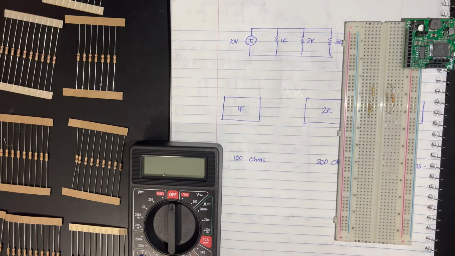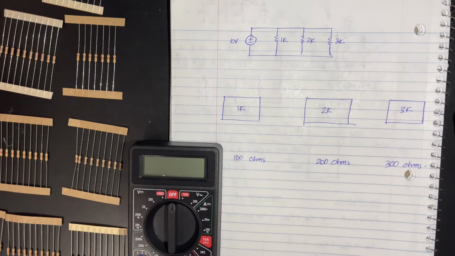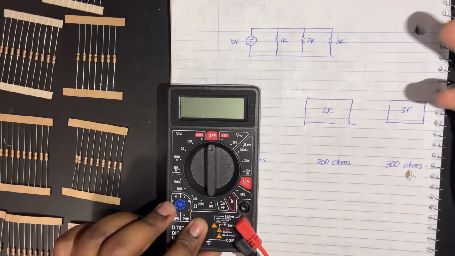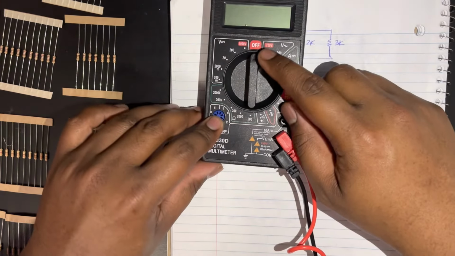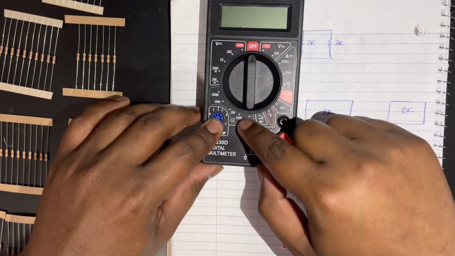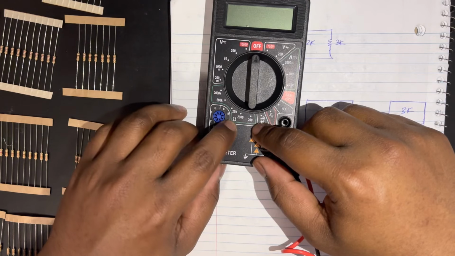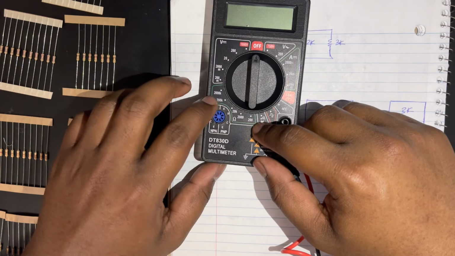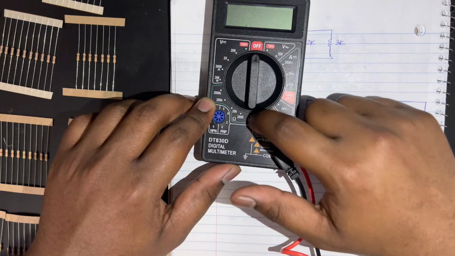Okay, so what I am going to do is first measure one resistance value. Let's say I am looking for something around 2k. Now where do I set this? These values represent ohms, meaning the maximum resistance value the setting can count to.